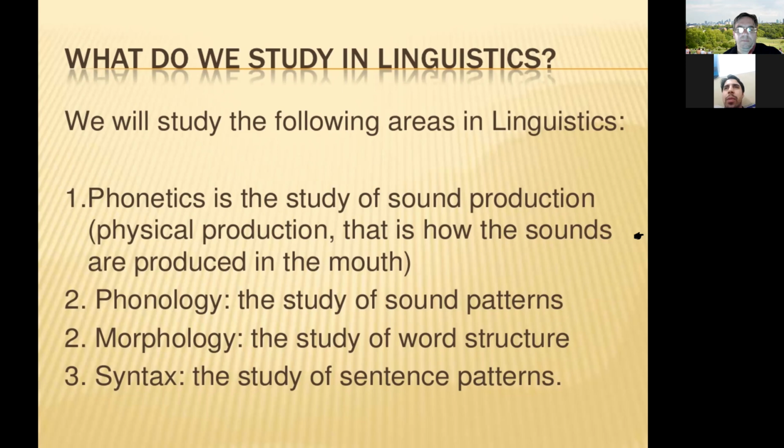For example, take the word dogs. How will we make dogs? In morphology we study this as dog and s. We have two morphemes. The one is dog, which is called a free morpheme. The s is called a bound morpheme. These things we study in morphology.